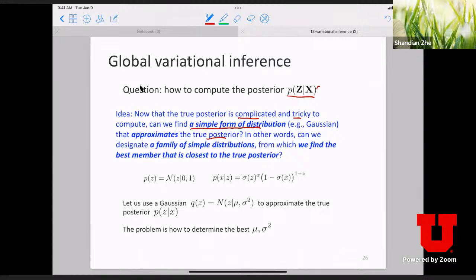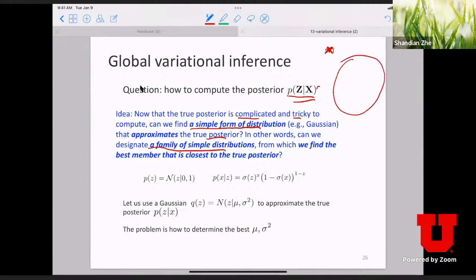In other words, can we designate a family of simple distributions, and from it find the best member that is closest to the true posterior? We don't know the true posterior. It might be here, or somewhere in the space. We do not know how to get to this true posterior, but let us assume we're going to approximate it with some Gaussian.